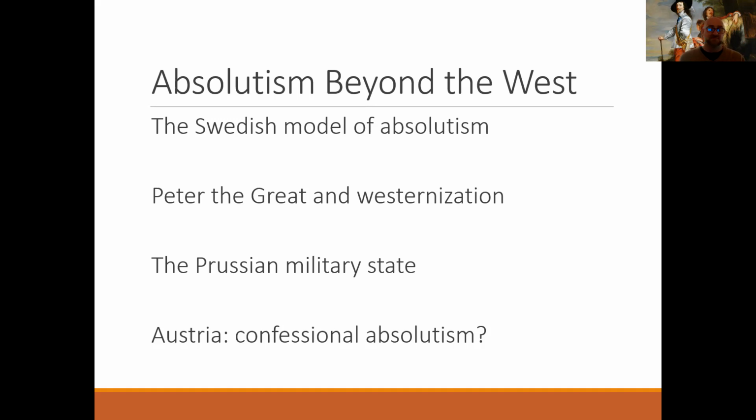We get to Frederick II, Frederick the Great. But even before then, his father, Frederick Wilhelm I, and his predecessors, were building up a state in which the Junkers, who are the nobility in Prussia, become sort of service nobility, as they call it. They become officers of the state.